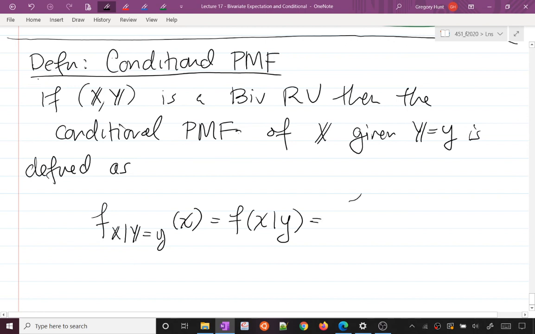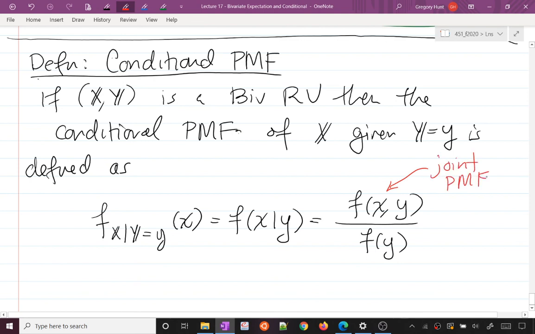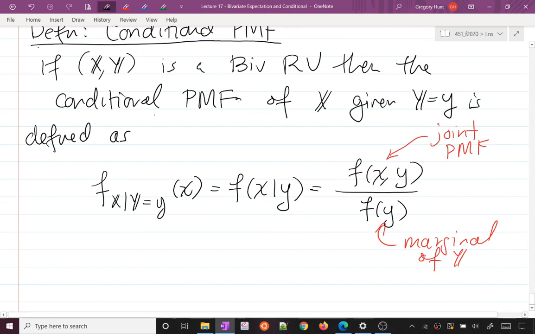And this is the joint Pmf over the marginal of y. So this is the joint Pmf of x and y over the marginal of y. So if I want the conditional Pmf of x given y at little x, for short notation, I can write f of x bar y, that is the conditional Pmf of x, probability that x is equal to little x given y is equal to little y, is the joint over the marginal.